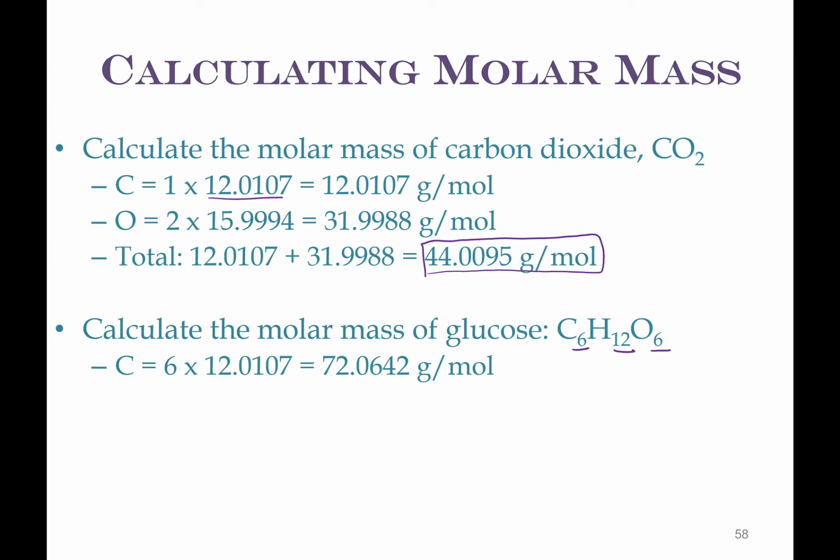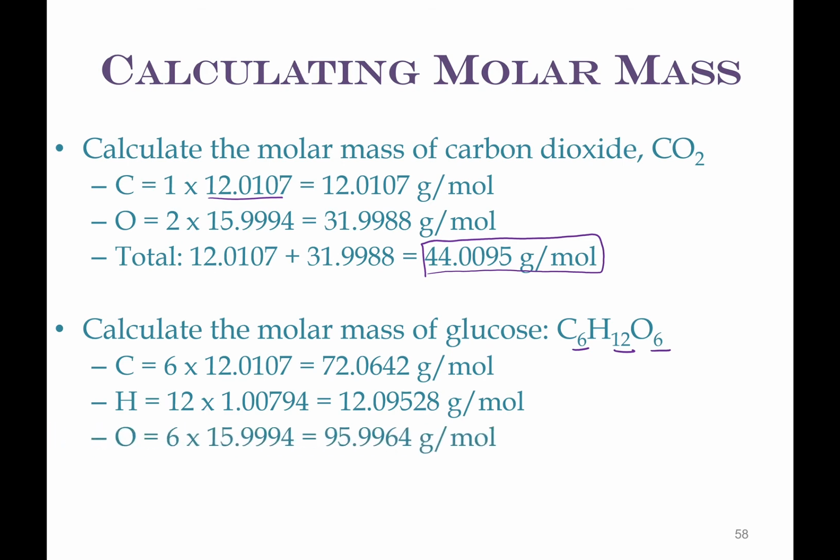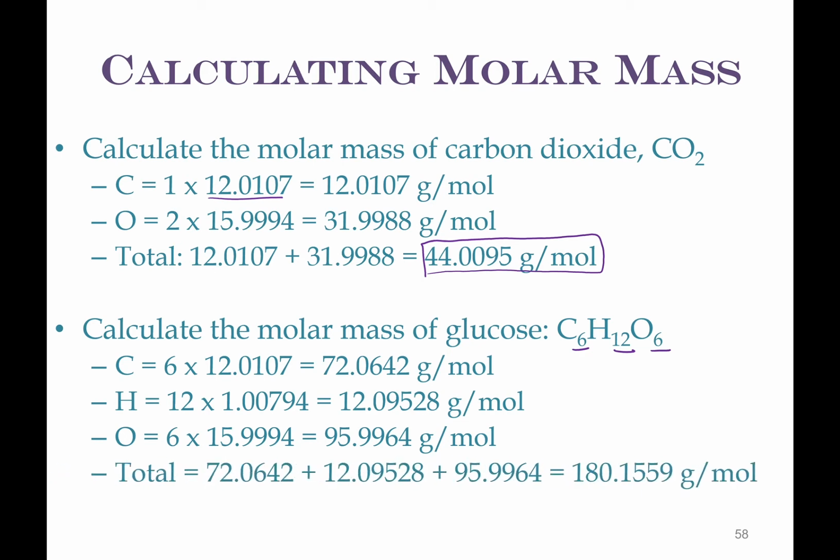I take 12 times the mass of hydrogen, so 12 times 1.00794 is 12.09528. And 6 times the mass of oxygen, 15.9994, gives me 95.9964 grams per mole. When I add all of those together, I get 180.1559 grams per mole. So this is the molar mass of glucose.